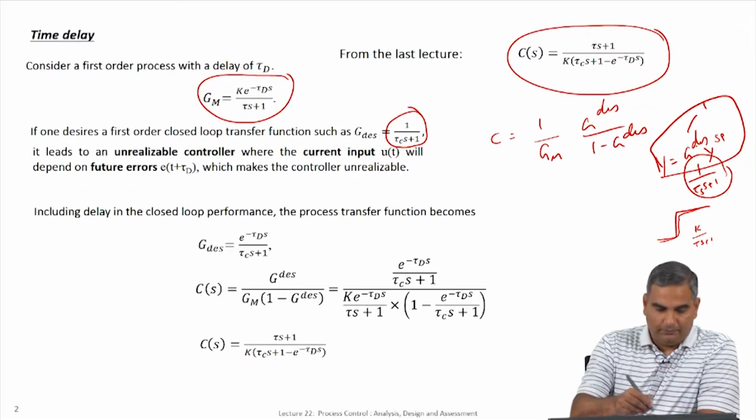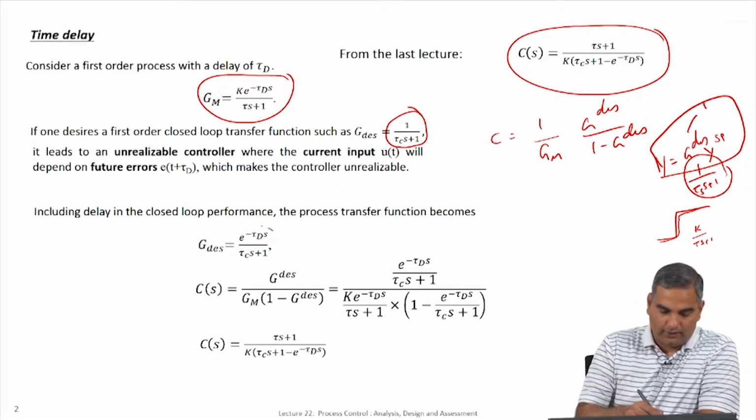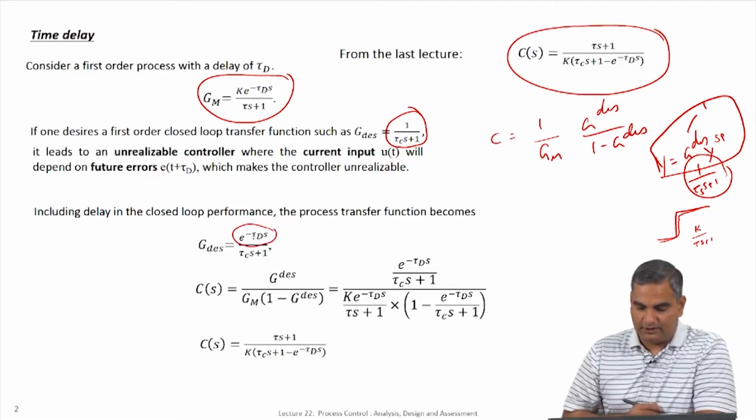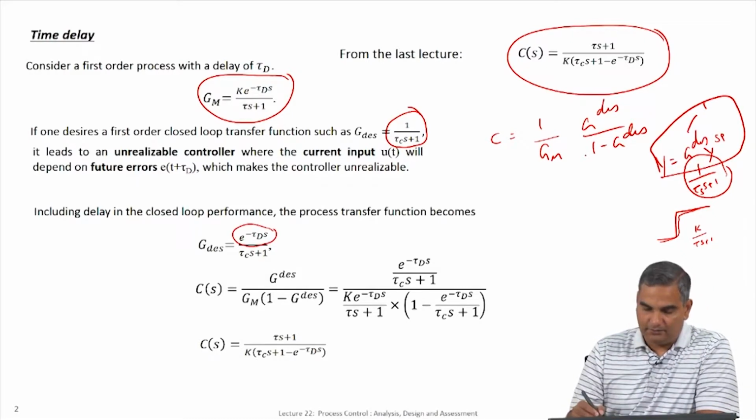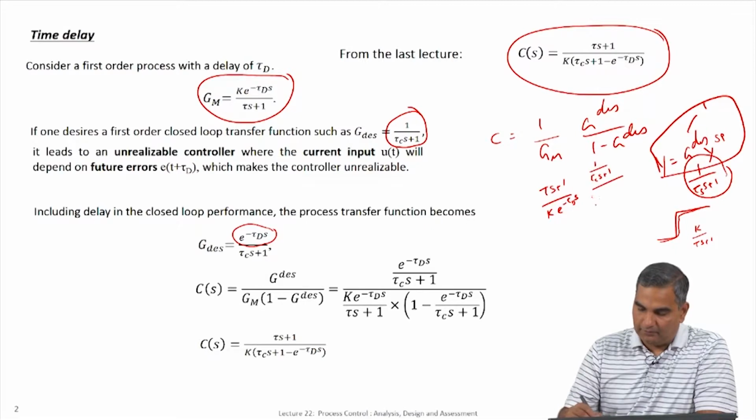Okay, so from time delay systems, we have already seen this. I just wanted to recap this so that you understand again why we make this change here. So we said, if we simply substitute everything here, G model is, for example, (tau s plus 1) by k e power minus tau d s. G desired is 1 over tau c s plus 1, divided by 1 minus G desired, which is tau c s plus 1 minus 1 over tau c s plus 1.